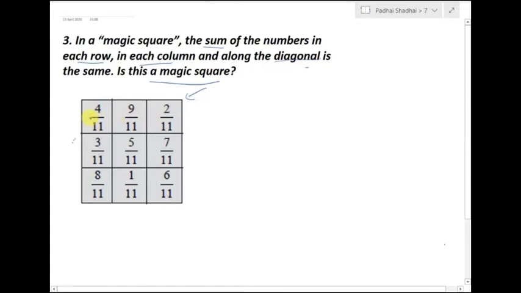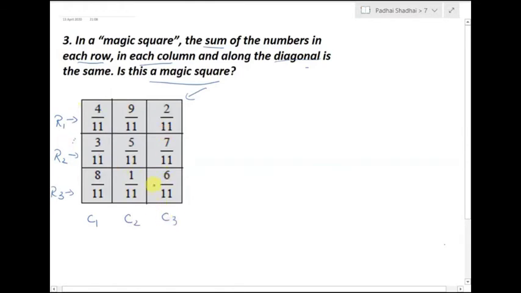Let us mention it. We have to add. So let us say this is row 1 R1, row 2 that is R2, row 3 that is R3. Same way, we will also mention column 1, column 2. Okay, so this is C1, column 1 that is C1, column 2 that is C2, column 3 that is C3.